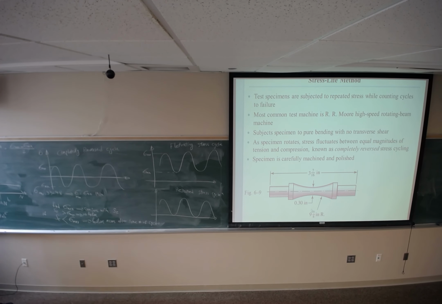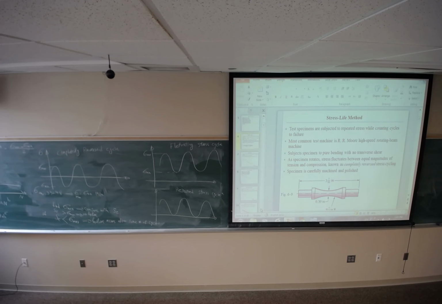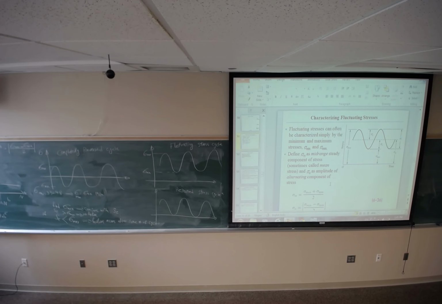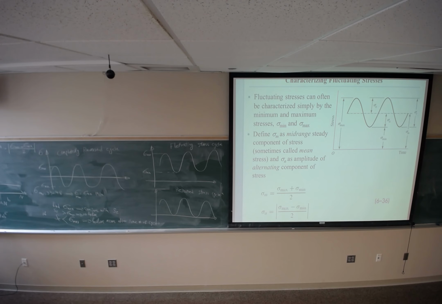So the alternating stress component is defined as sigma max minus sigma min divided by 2.